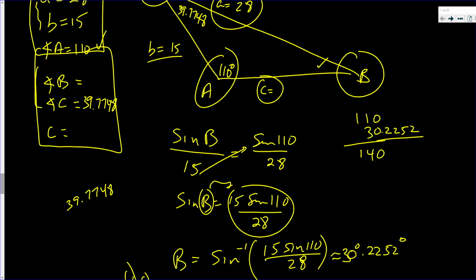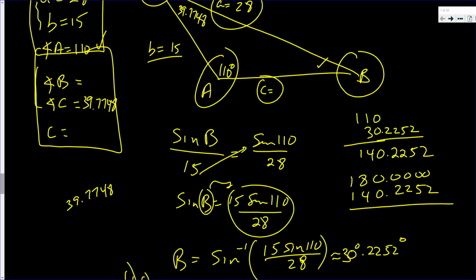We would have gotten 140.2252, and you subtract that number from 180, put some zeros in, borrow, borrow, borrow, borrow again, borrow one more time. 10 minus 2 is 8, 9 minus 5 is 4, 9 minus 2 is 7, 9 minus 2 is 7, 9 minus 0 is 9, 7 minus 3 is 4.